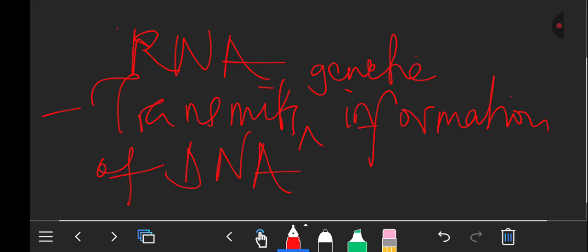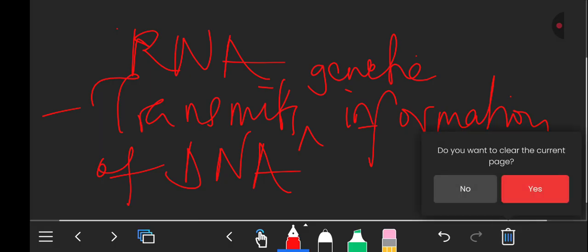But there are certain things which need to occur as this information is being transmitted. So let's look at what needs to occur before this information is transmitted.